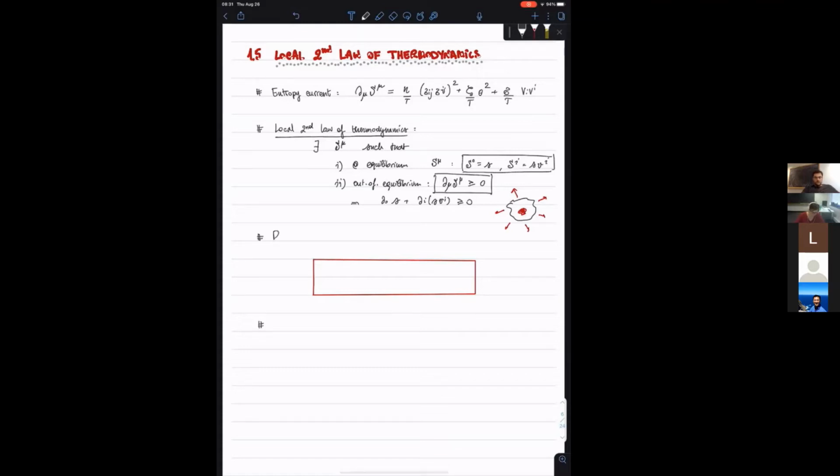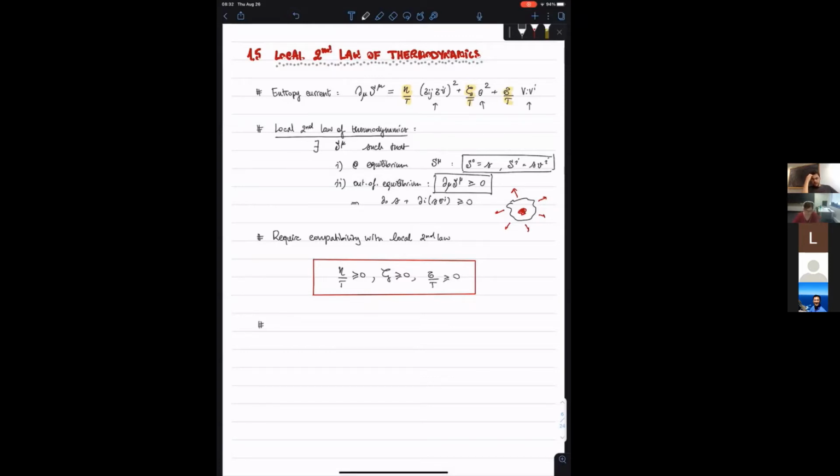And we have to require compatibility with the local second law. This means that we have to require that these coefficients over here, because these are structures which are positive semi-definite anyways, since they are squares of spatial quantities, satisfy certain conditions: the shear viscosity is positive semi-definite, the bulk viscosity is positive semi-definite, and the conductivity is positive semi-definite.